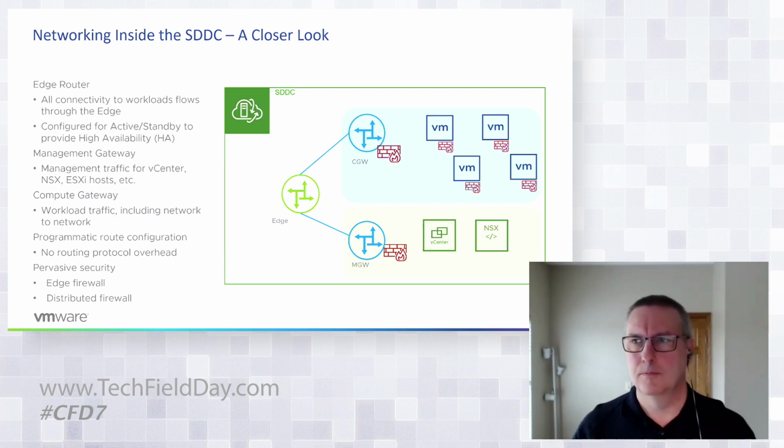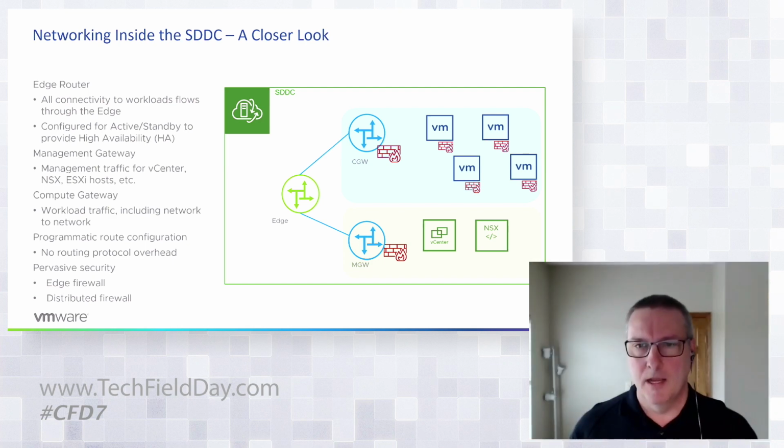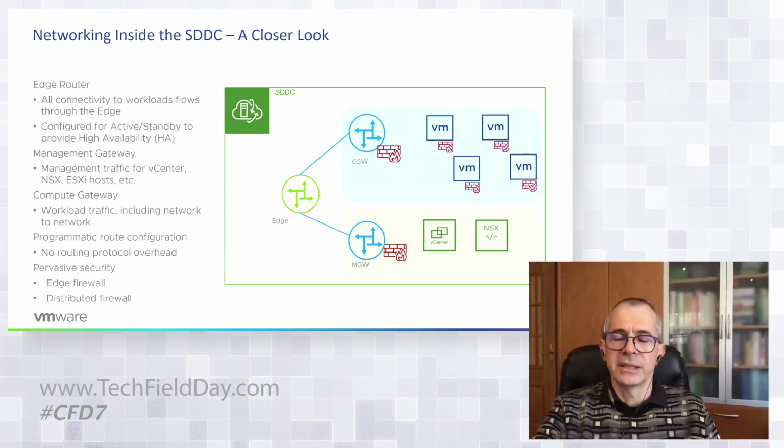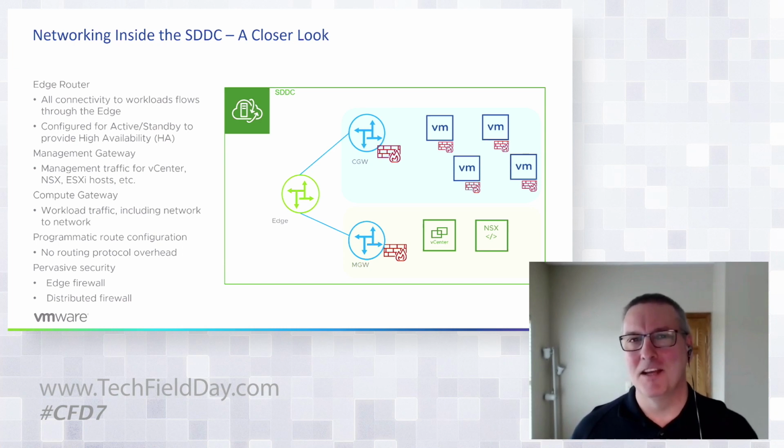Ron, when you mentioned the edge router, is that the VM-based edge appliance or is that a bare metal edge appliance? It is a VM-based appliance, absolutely. And then when you talk about the compute gateway, is that something like a renamed tier 1 router? So is it a programmatic construct, or is it a VM, or is it something else? It's a T1, right?